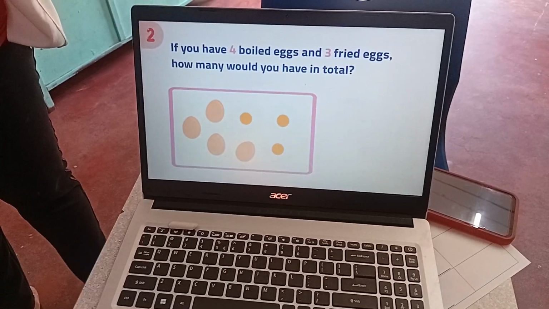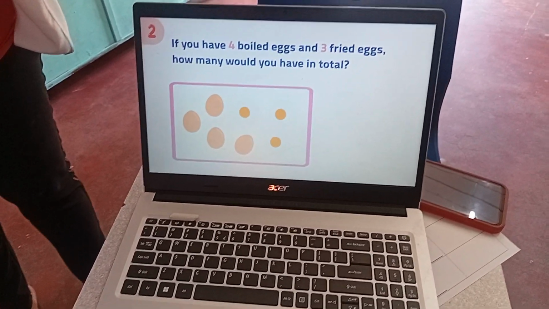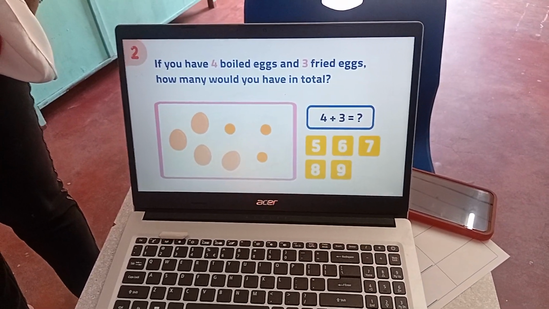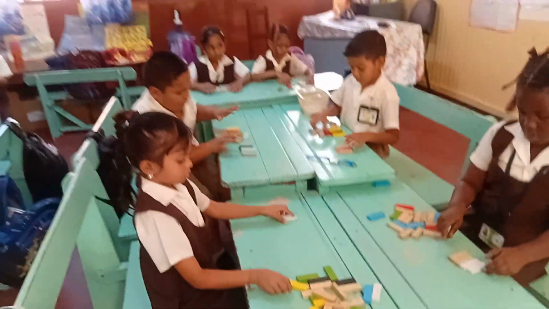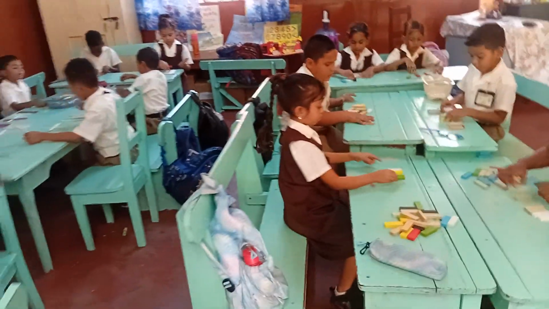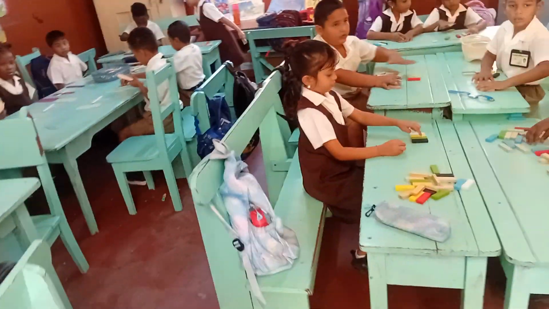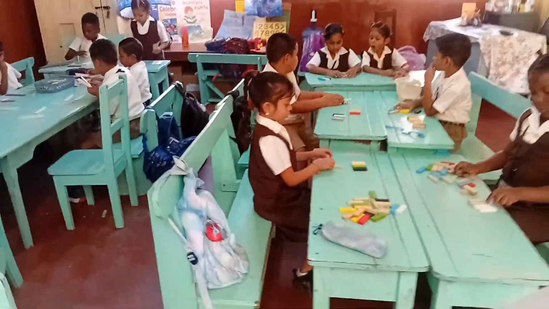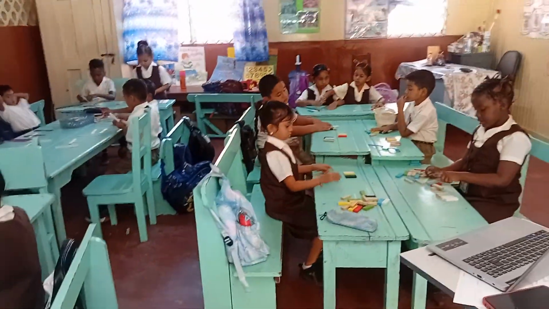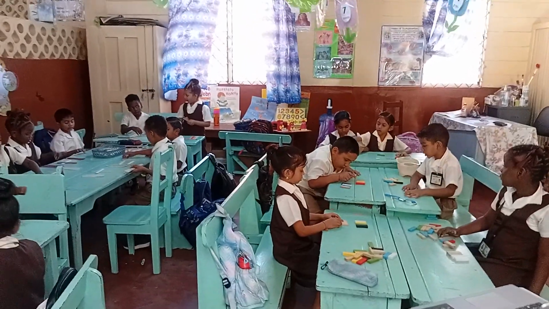If you have 4 boiled eggs and 3 fried eggs, put 4 now and 3. 4 and 3. In turn, you will tell me how many you have.